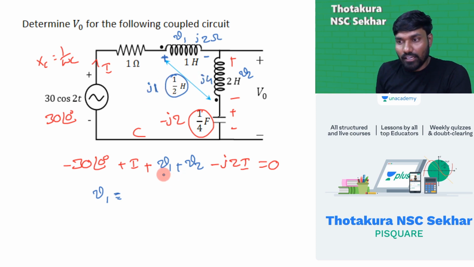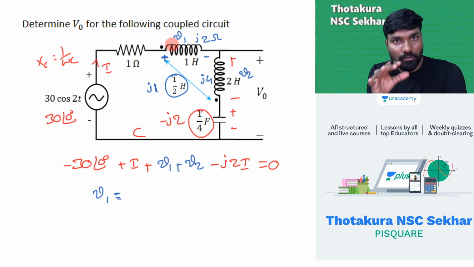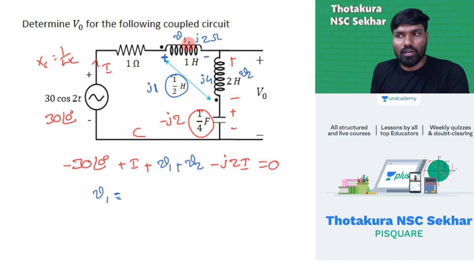So now V1 is equal to self-induced EMF. I'm talking about plus V1, simply V1. Self-induced EMF is the first part, mutual induced EMF is the second part. Self-induced EMF is always positive, for this polarity I'm just talking about V1.